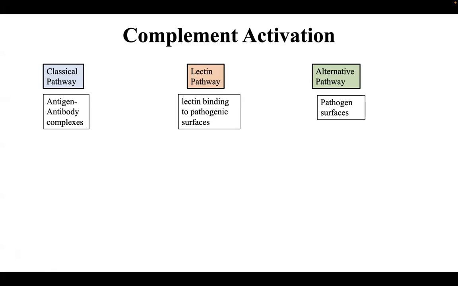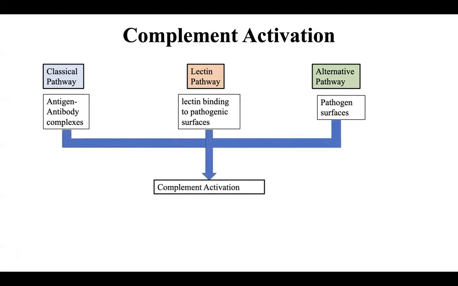And the third is the alternative pathway, when a series of complement factors will bind to the pathogen surface itself. All of these 3 might lead to complement activation. And when I'm saying complement activation, again, it's a cascade of factors that will be activated together. Not just one protein, a cascade of factors activated together.